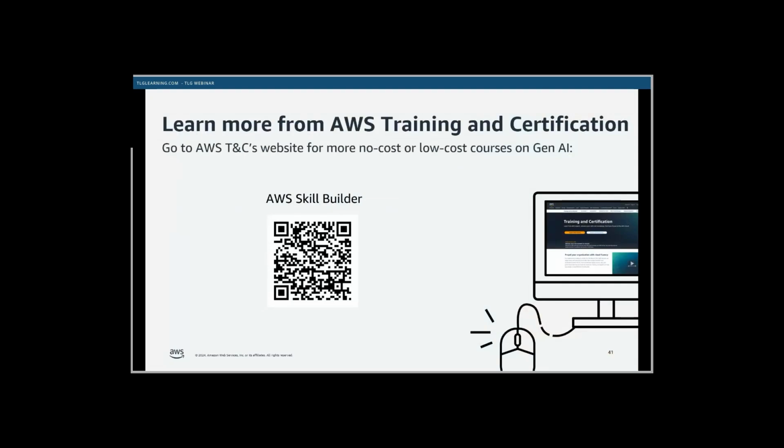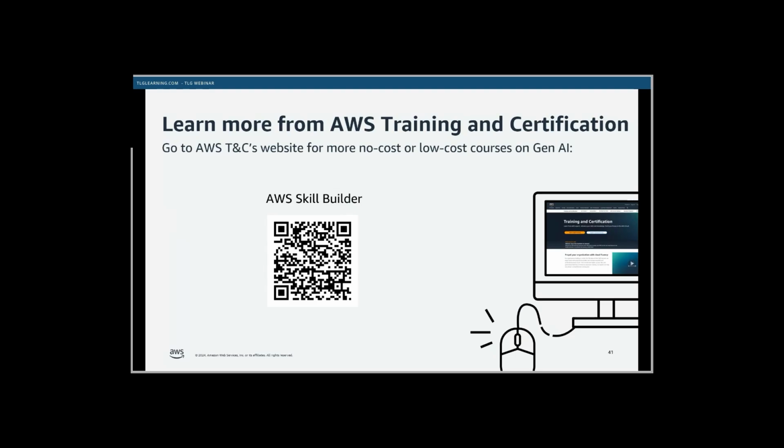For more information dealing with machine learning and foundation models and AI and the variety of services that AWS has available for those things, find more information at Skill Builder, a lot of digital online courses available for you, or possibly some instructor-led classes if you wanted to enroll in a more formal class.